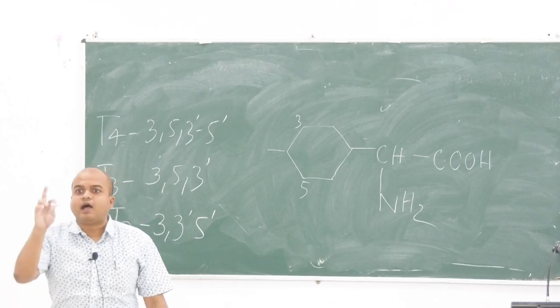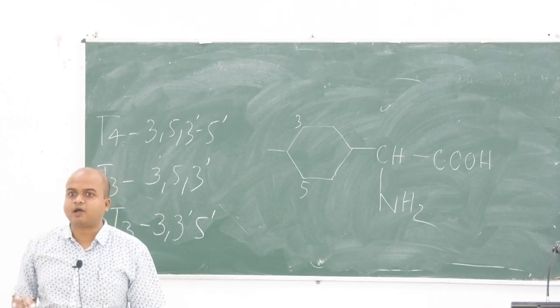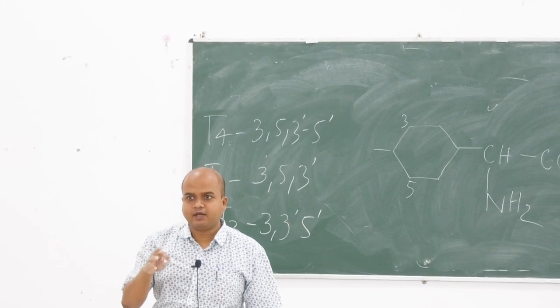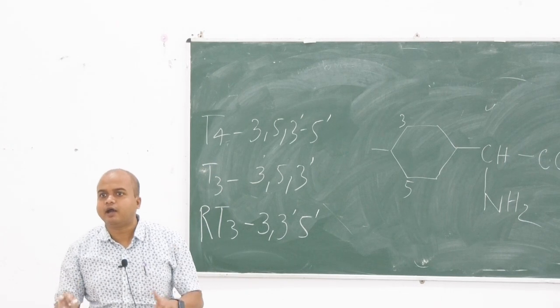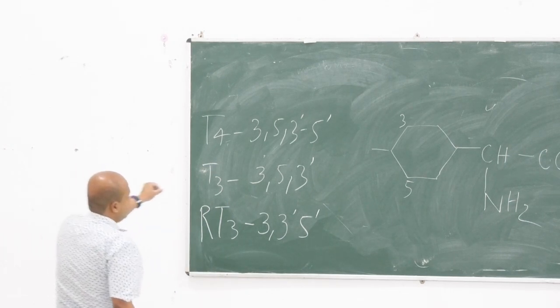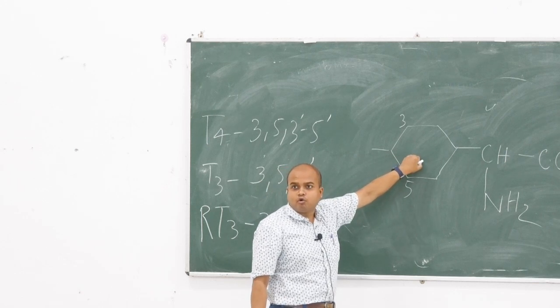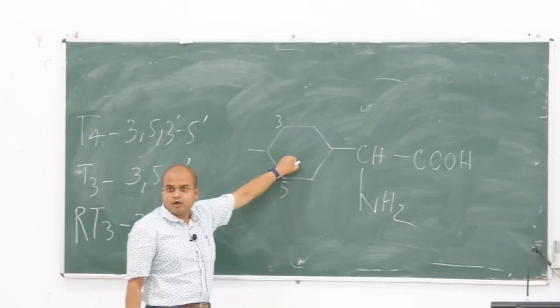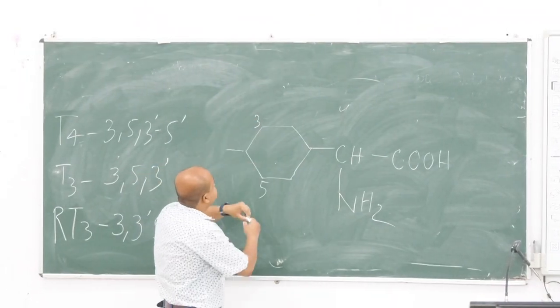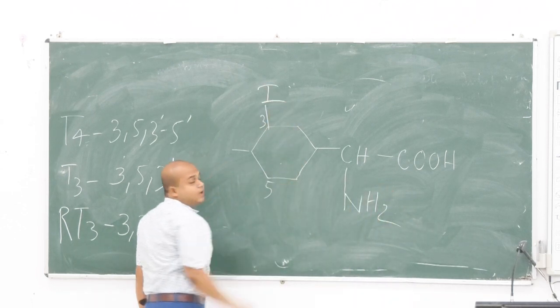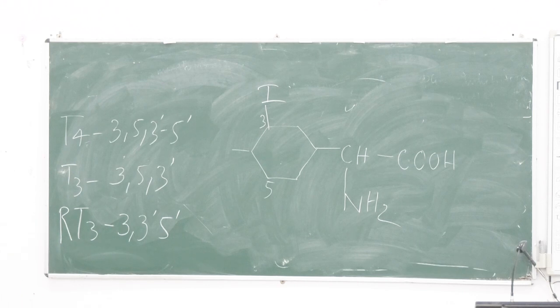We are concentrating on the third and fifth position, third and fifth carbon of the tyrosine molecule, this aromatic ring, because when these two molecules condense, iodine will first be attached at this position. Iodine will attach to the tyrosine at the third position first. Third, only 3.